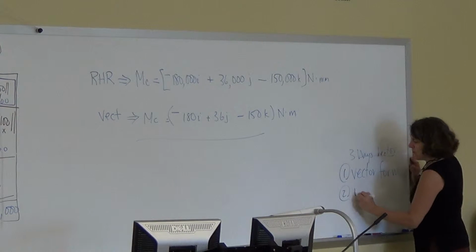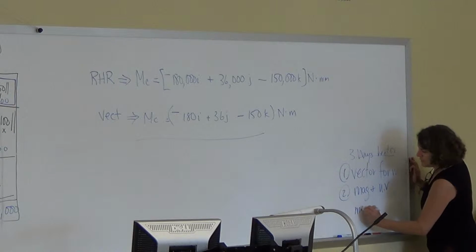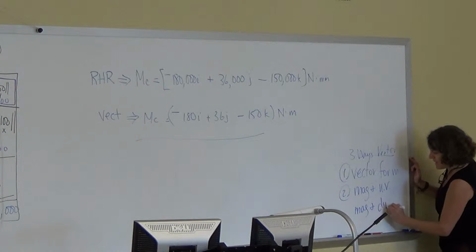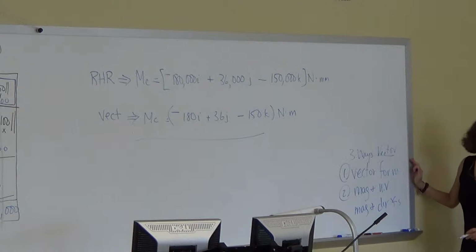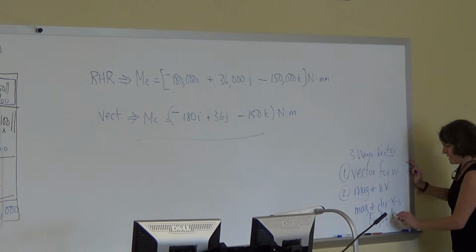One is magnitude and unit vector. And the other way is magnitude and direction angles. And what are direction angles? Theta x, theta y, theta z.